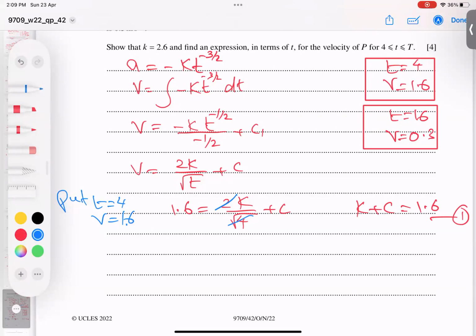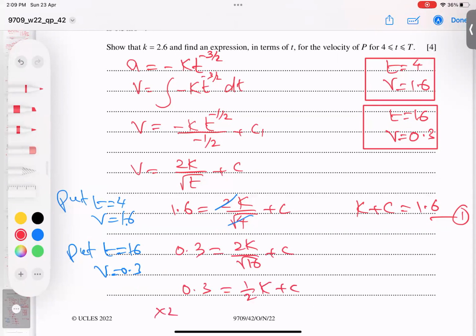Now I'm using the second data. The second data is time 16 and velocity is 0.3. When I plug in here, 0.3 equals 2k over root 16, plus c. So this is becoming 0.3 and this is becoming root 16, which is 4, so I get a half k. So multiply by 2 throughout.